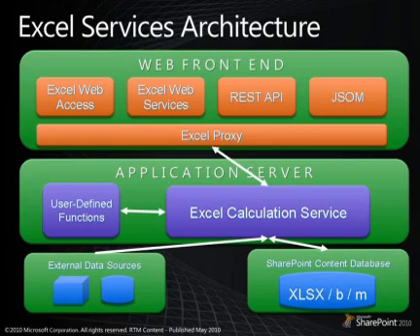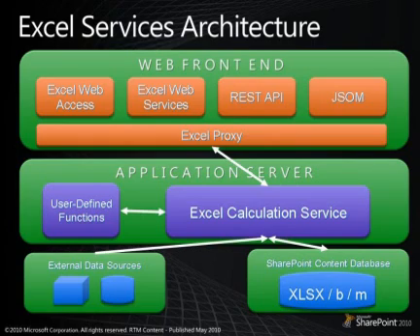Also included on the web front end is the ECS proxy that handles communication between the tiers in a multi-server environment. The proxy manages load balancing where you have two or more application servers running in ECS mode. Finally, on the back end, Excel Services uses three types of SQL Server databases.